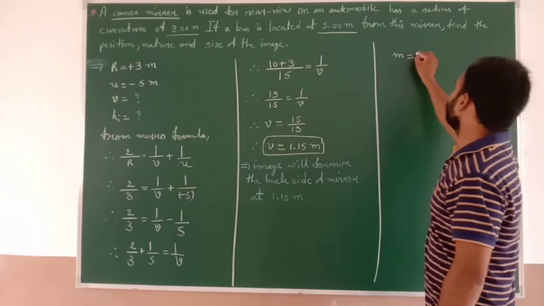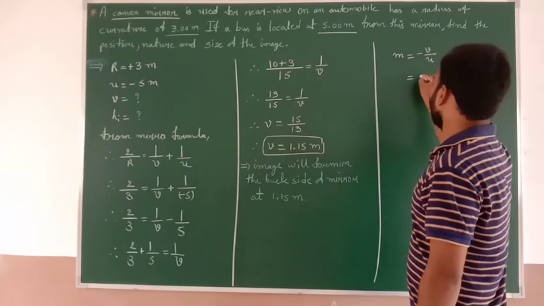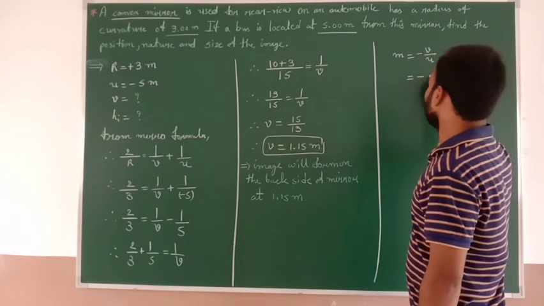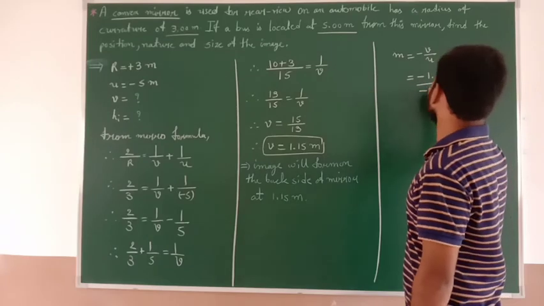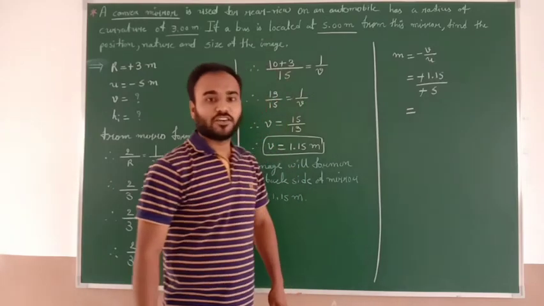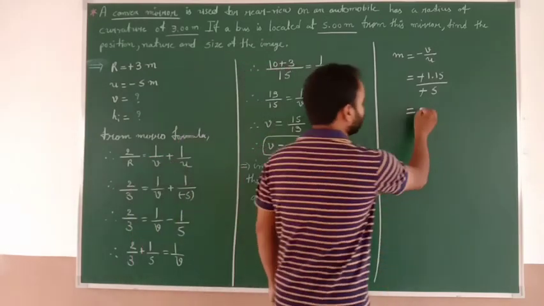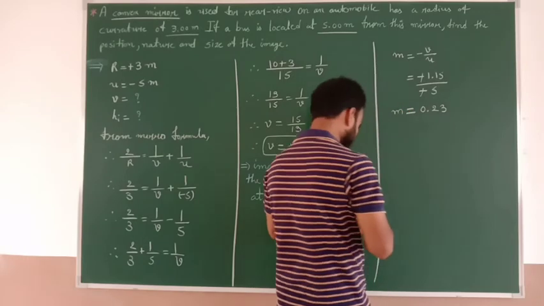So we will use the different formula that we have, that is m is equal to minus v by u. Now the value of v, 1.15, upon the value of u, that is minus 5. Cut, 1.15 upon 5, that is 0.23.